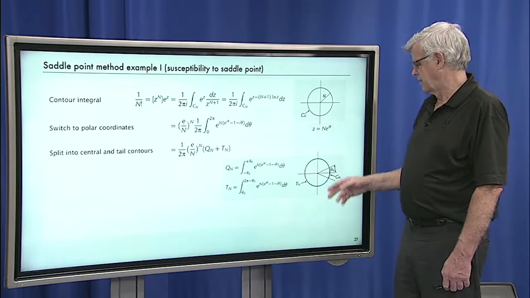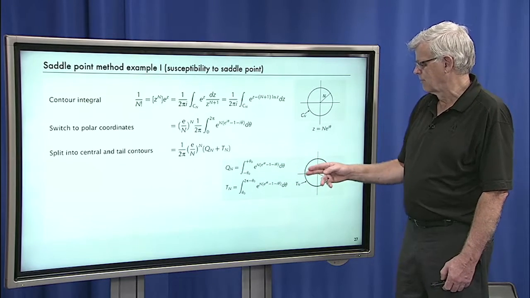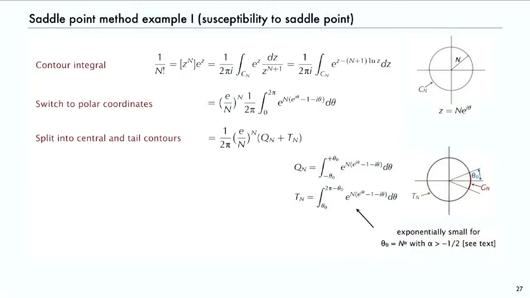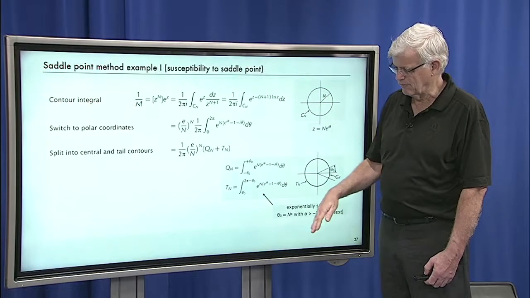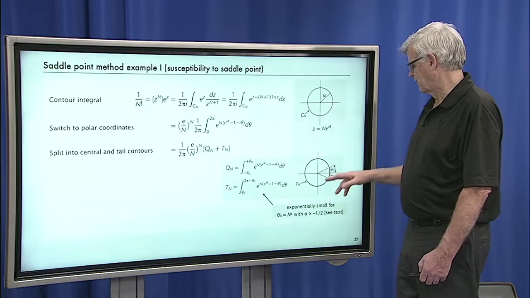Those are the two contours, and the point is we have to be able to prove that for the tails it's exponentially small, and you can look at the text for that proof, but when we're away from the saddle point, remember in the 3D diagram, that's when the curve drops all the way down, exponentially small.